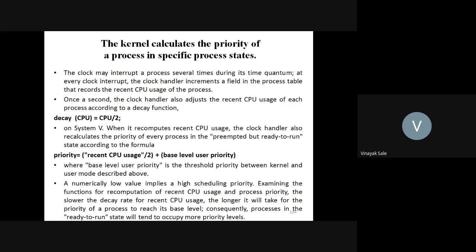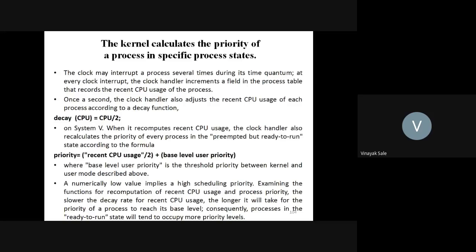At every clock interrupt, the clock handler increments a field in the process table that records the recent CPU usage of the process.